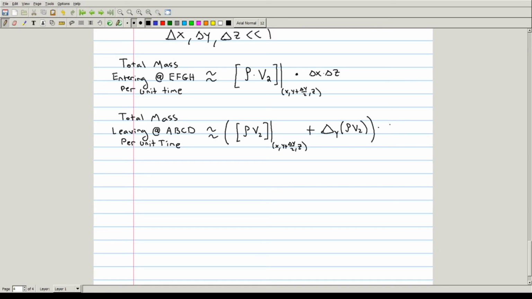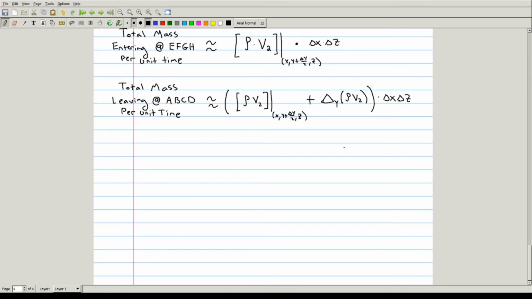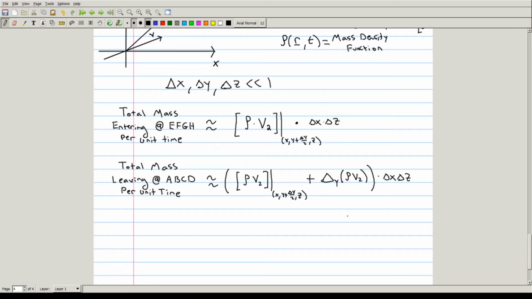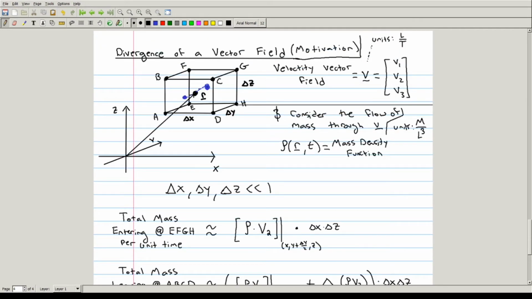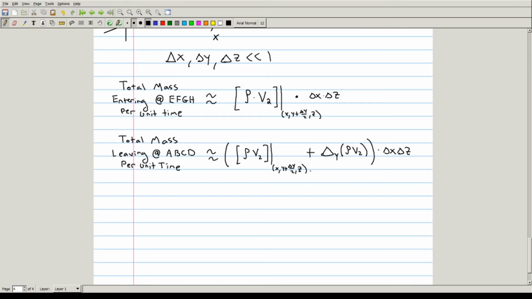And this is all times delta x, delta z. Simply put, we know that the change in rho V2 over the interval delta y is going to be exactly, if you have a plus b minus a, this is equal to b.